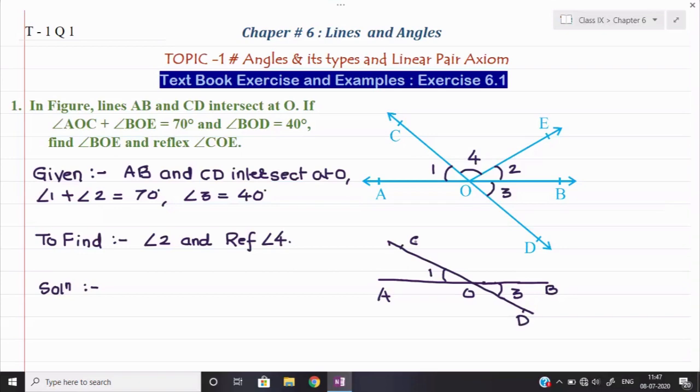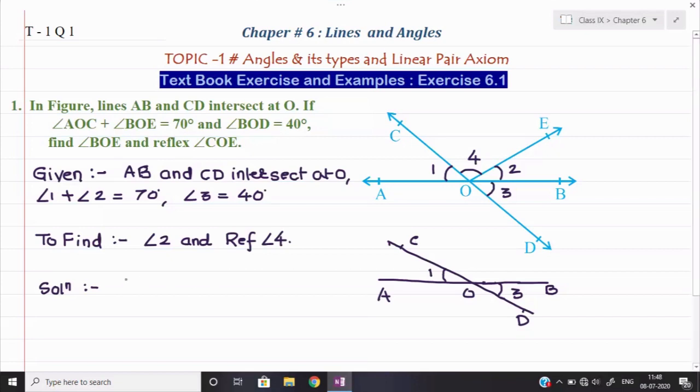Now you tell me, AB and CD are intersecting at O? Yes, definitely. And observe, angle 1 and angle 3 are opposite to each other. So we can say that angle 1 and angle 3 are vertically opposite angles, and just now we have seen that vertically opposite angles are always equal.